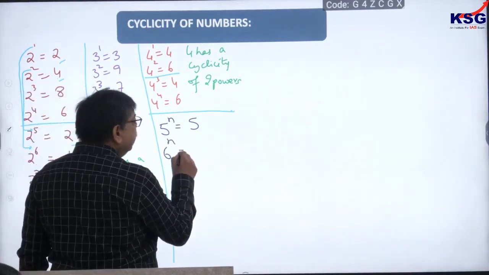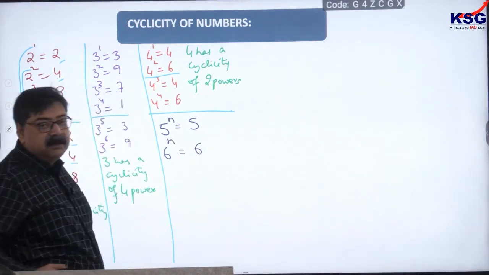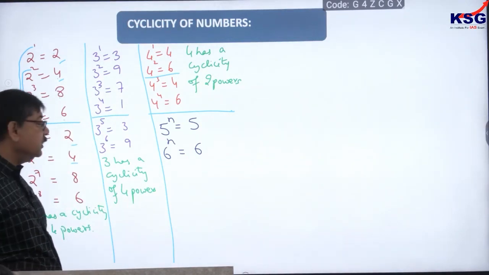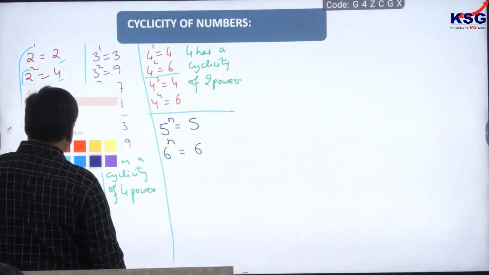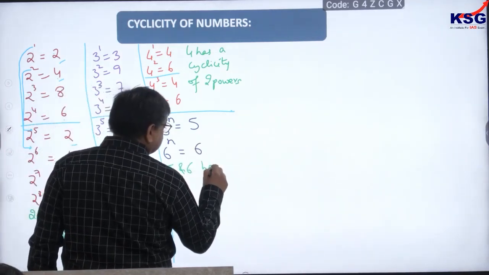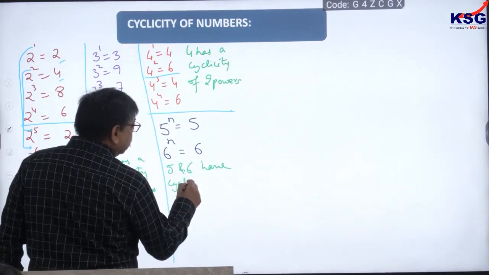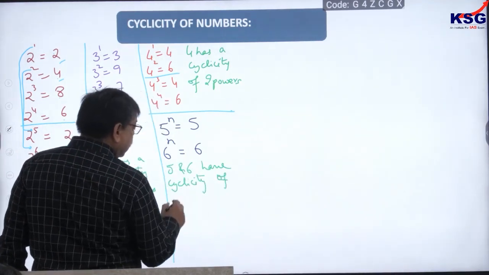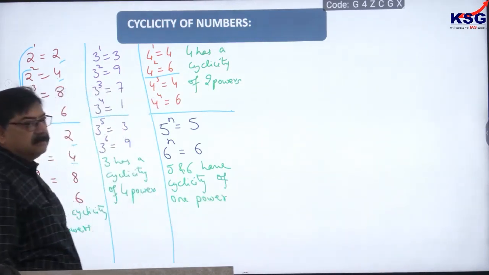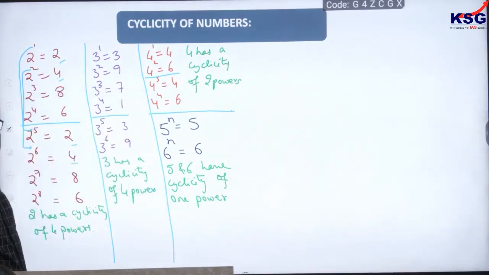Similarly, 6 to the power of anything is going to give you 6. 6 power 1 is 6, 6 power 2 is 36, 6 power 3 is 216, and so on. So 5 and 6 have a cyclicity of 1 power. Every power we go ahead, we get the same digit, whatever the power of 5 or 6.